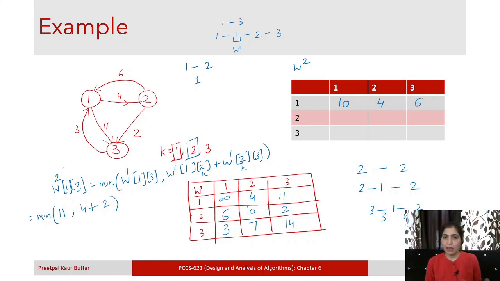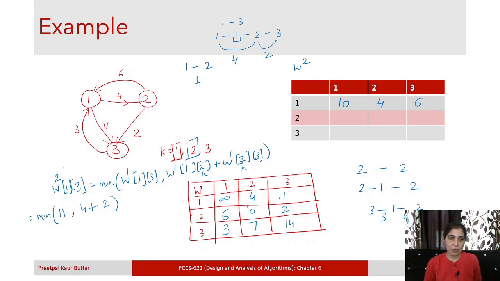We have evaluated this option, right? So what was the answer? The answer is 6. I think we excluded this because there was no direct path from 1 to 1. So when we go from 1 to 2, the distance is 4, and 2 to 3, the distance is 2. That is why we are getting 6 here, right? Okay, so this cell is complete.